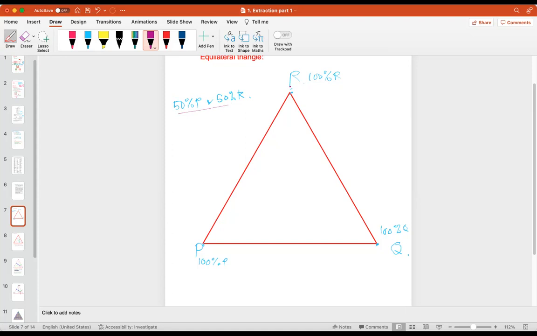Then you can use your ruler and find the ratio, which is 50% to P and 50% to R. This looks like a binary diagram, the one you learned in bahan konstruksi. So this becomes 50% P, which corresponds to 50% R.